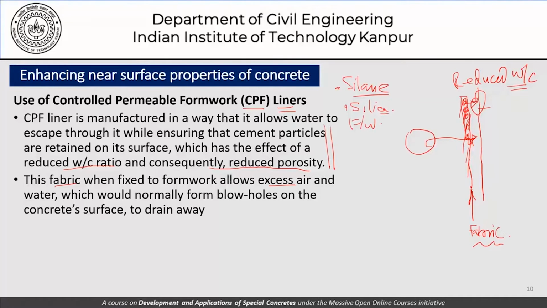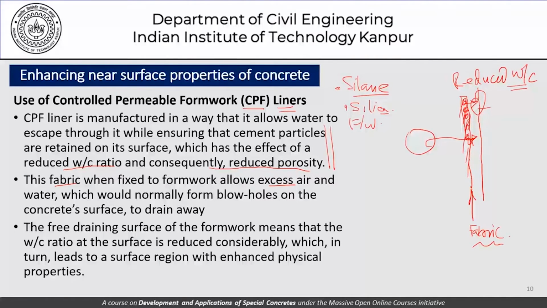These fabrics, when fixed to formworks, the way I have shown here, allow excess air and water to be drained out with the final effect of reduced water-cement ratio in the neighborhood of formworks. So the free draining surface of the formwork means that the water-cement ratio at the surface is reduced considerably, which in turn leads to a surface region with enhanced physical properties.